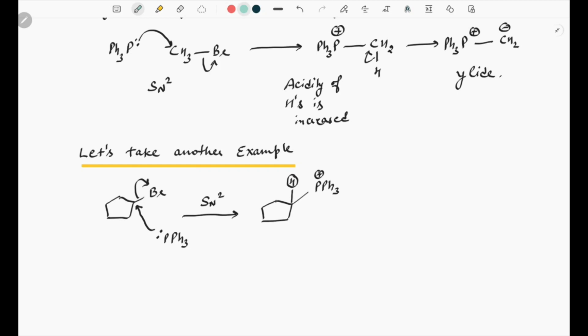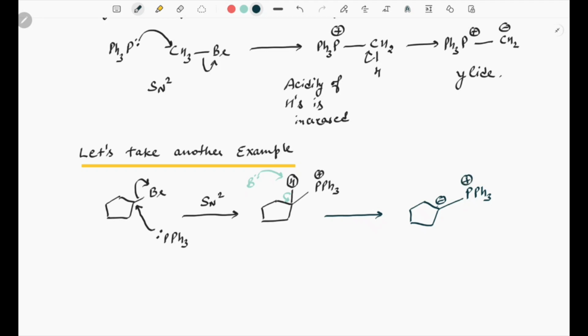Now this hydrogen can be removed by a base to give you the phosphonium ylide, negative on this carbon, and phosphorus is positive.